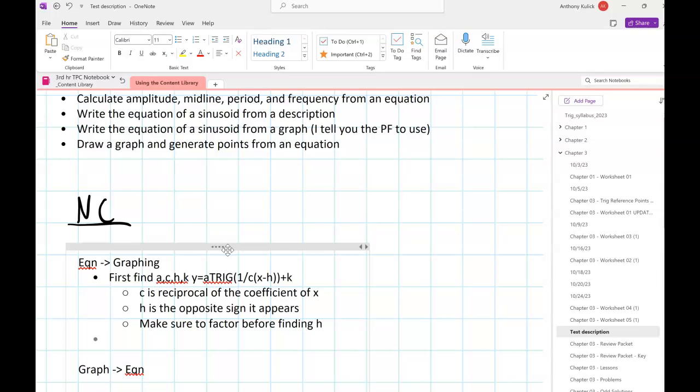Then typically on these graphing problems, we ask for amplitude, midline, period, frequency. I'd write down the formulas for those.